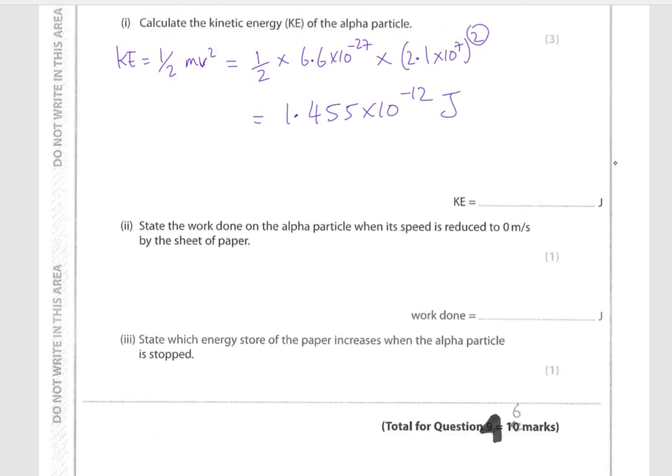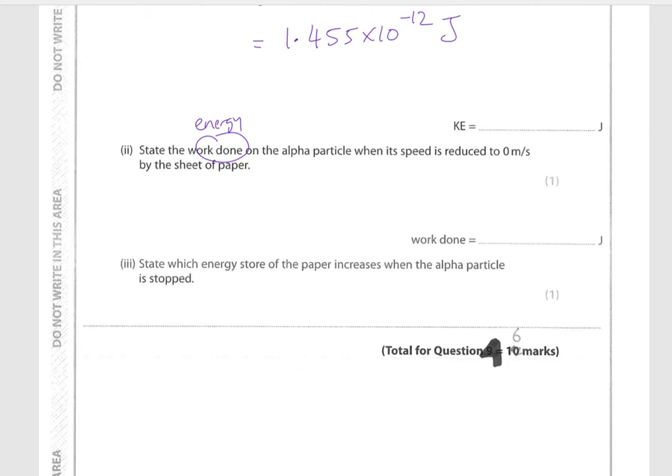Okay, now state the work done. The work done is the energy on the alpha particles when the speed reaches 0 at the sheet of paper. If I draw the paper, the alpha particle is going, and it has this much energy, 1.45 times 10 to the power 12 joules.